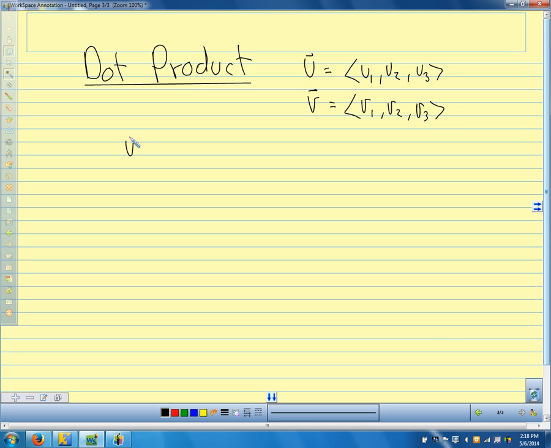Our dot product u dot v, we multiply the components and add. We get u1 times v1 plus u2 times v2 plus u3 times v3. So multiply the components and then add.